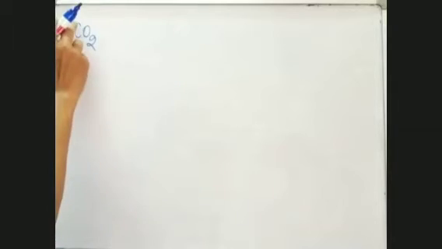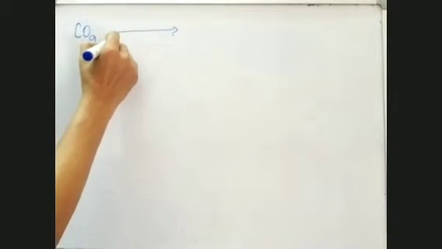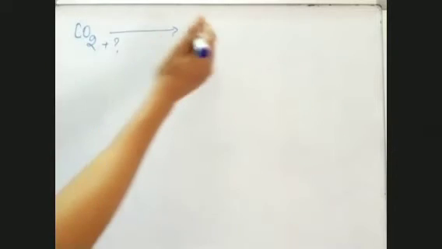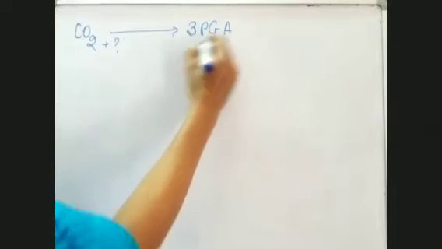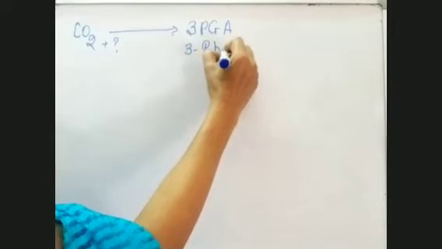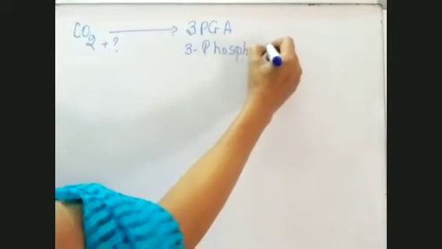What he observed was that when CO2 is accepted by some acceptor, the first product of CO2 fixation is 3-PGA.